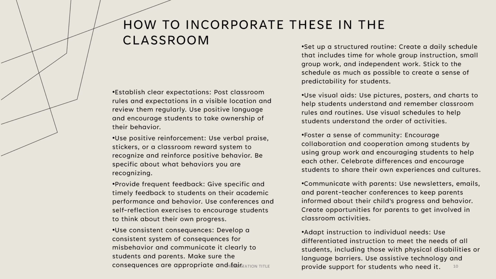I feel like as long as we go over the classroom rules and expectations, at least within the first 2 months, every day, it should get engraved into the students' brains. And it should leave room for more questions about the assignment and not so much about the rules and expectations.